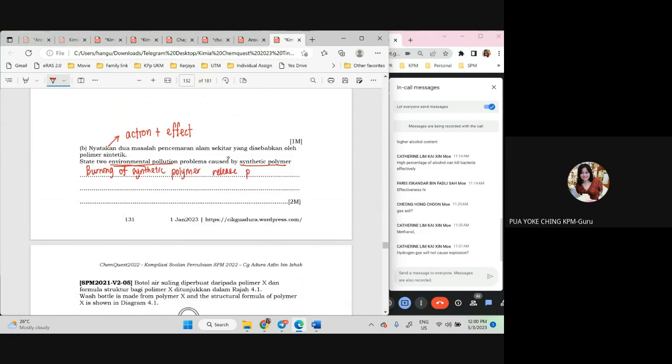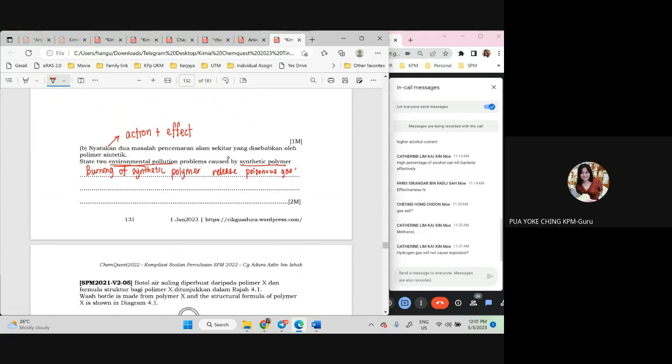Release poisonous gas. Okay, ataupun synthetic polymer takes a very long time to decompose, causing the number or the amount of rubbish increase. Okay, dia memerlukan masa yang sangat lama untuk terurai, so menyebabkan sampah kita semakin banyak.